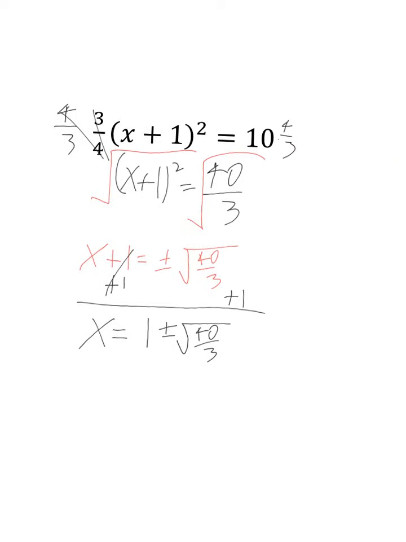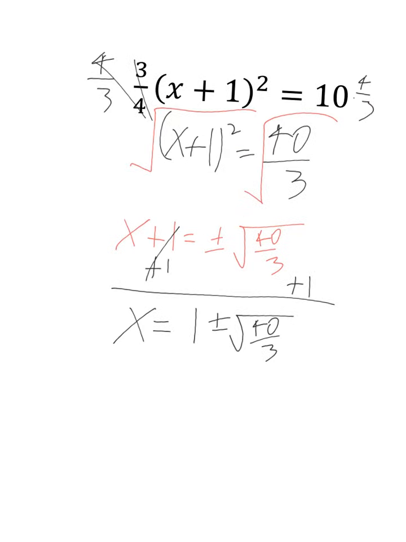In this one, I have a fraction on the outside, so I flipped it and multiplied it to the other side. That got me 40 over 3. I left it as 40 over 3. And then I square rooted both sides, so I get x plus 1 equals plus or minus the square root of 40 over 3. Then when you add 1 over, it should say minus 1 over, you're going to get -1 plus or minus the square root of 40 over 3.